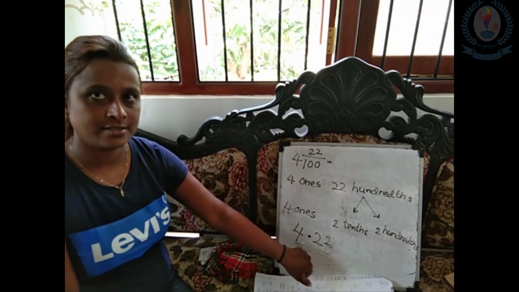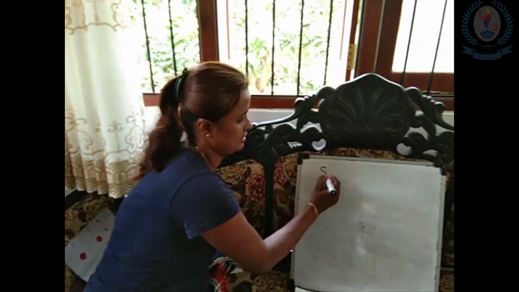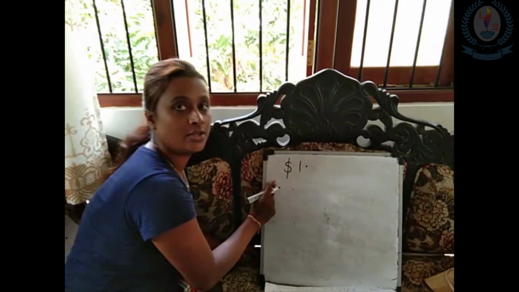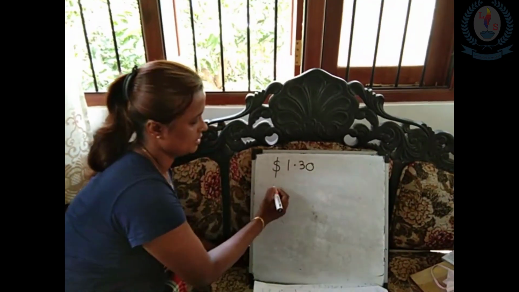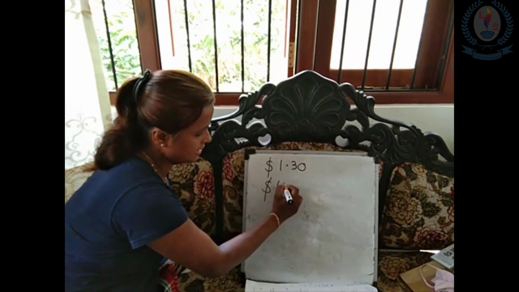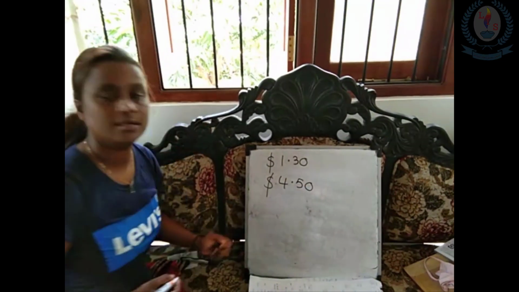Most of the time when we are shopping, the prices of the items are written in decimals like this. You have seen this is the dollar mark, you all know that. The prices are written as decimals.